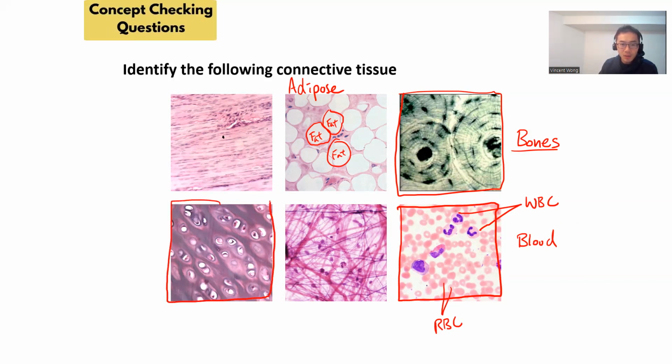These ones that look like little crystals, like little glass beads, if you would, those are the cartilage. They look a little glassy, right? Like shiny little beads. Cartilage. You don't have to tell which type of cartilage it is.